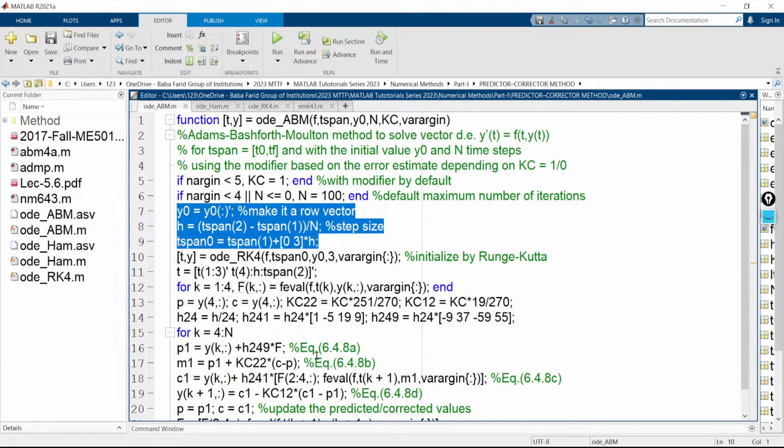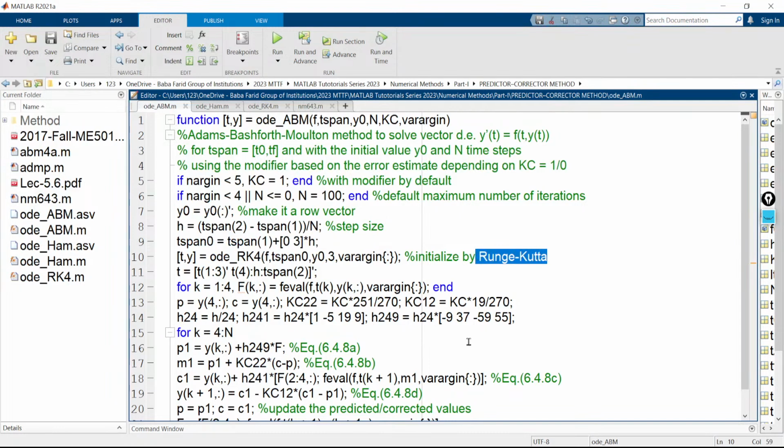For the Adams-Bashforth-Moulton method, to initialize, we need 4 initial values, and these will be calculated by the same method for initialization.